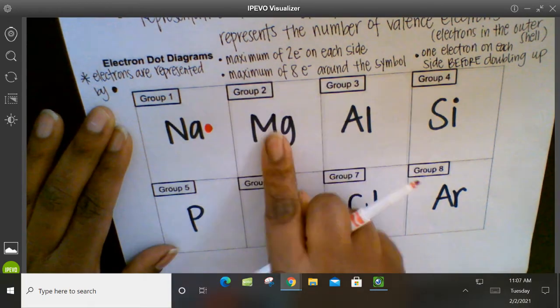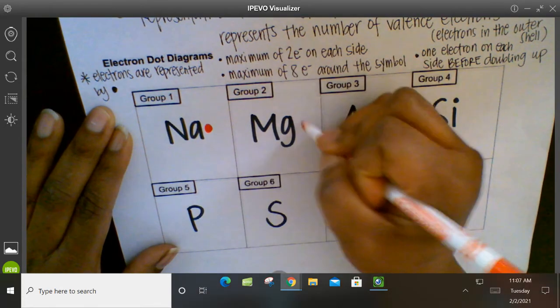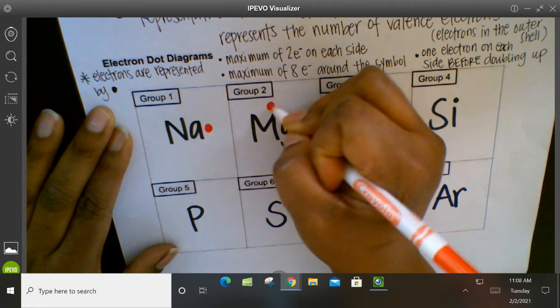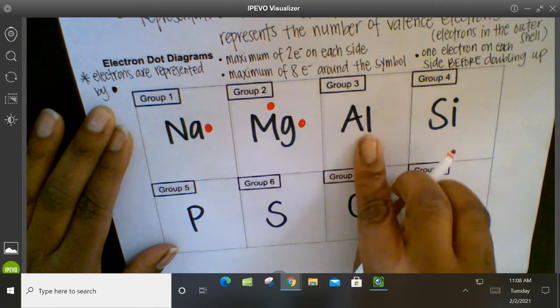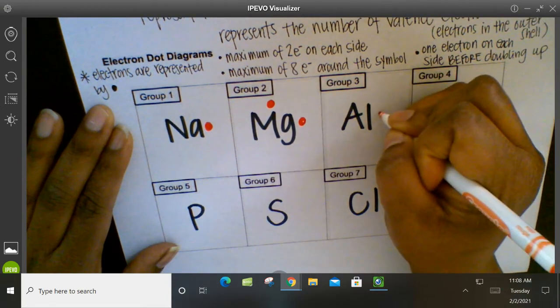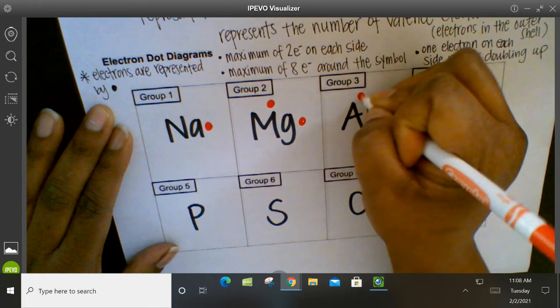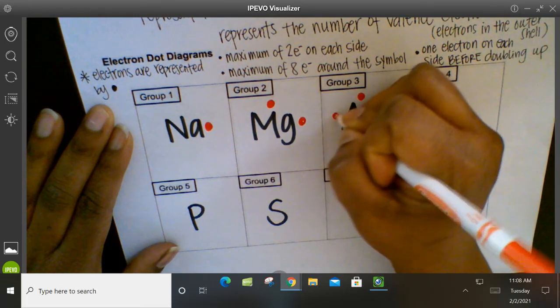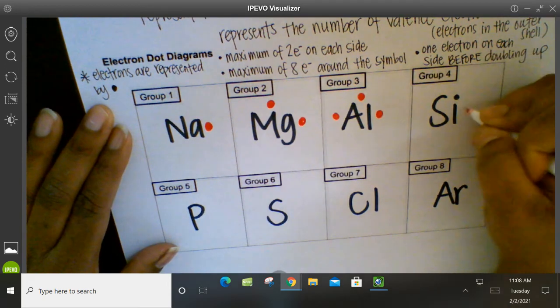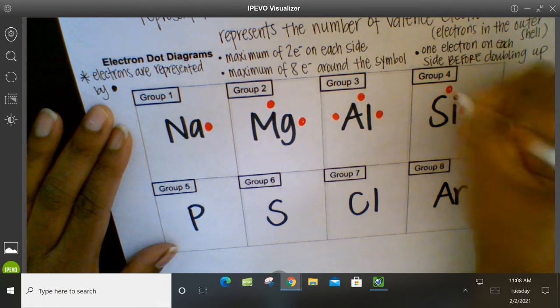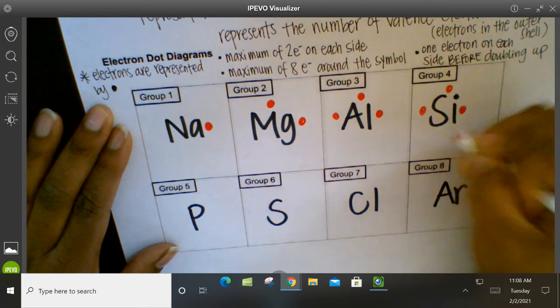Magnesium and the other elements in group 2 will have 2 dots because they have 2 valence electrons. Aluminum and the other elements in group 3 have 3 valence electrons, and we represent that with 3 dots. Silicon and its family members have 4 valence electrons, and we have 4 dots to represent them.